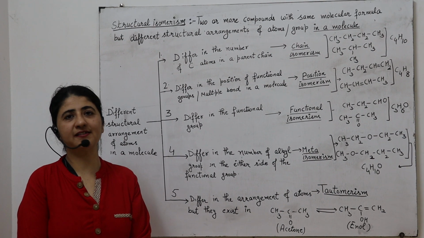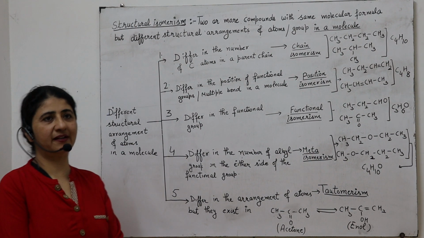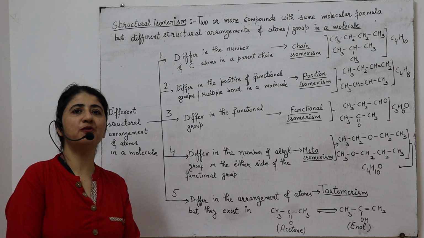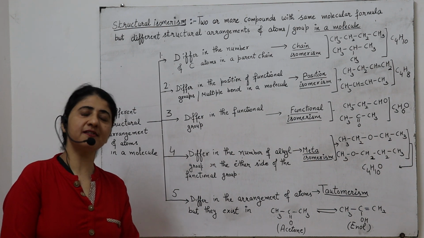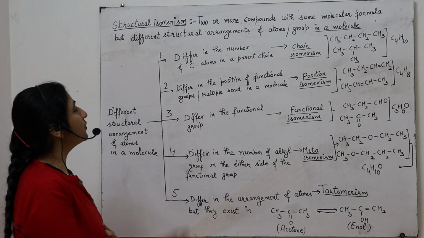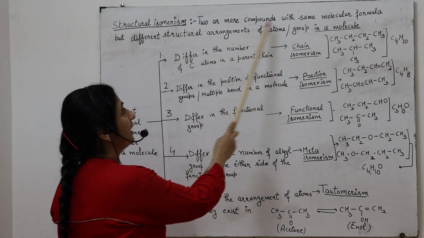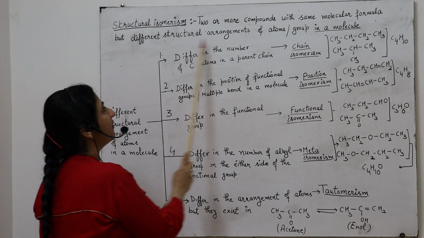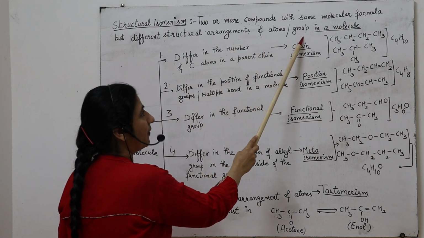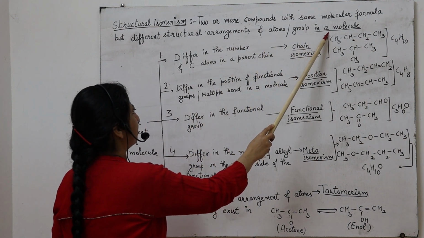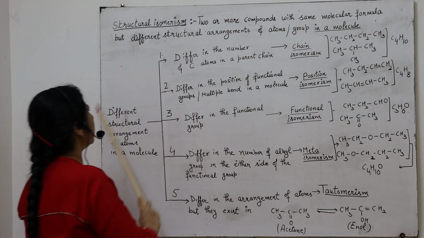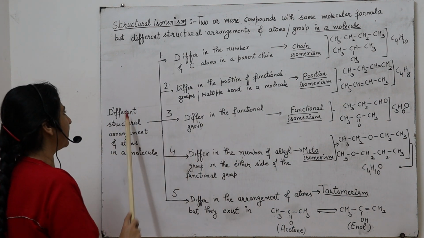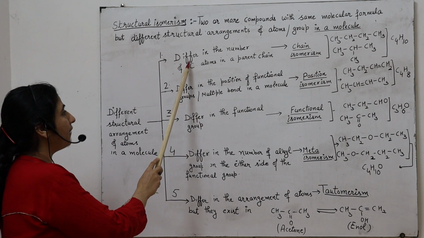First of all, we will discuss structural isomerism. It means structural isomers. So what are structural isomers? Structural isomers are compounds having the same molecular formula but different structural arrangement of atoms or groups of atoms in a molecule. This structural arrangement of atoms or groups of atoms is due to 5 reasons.